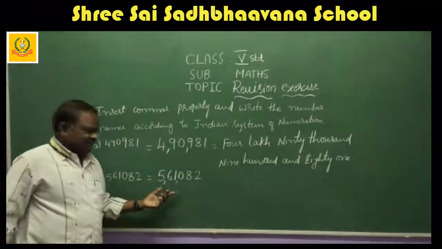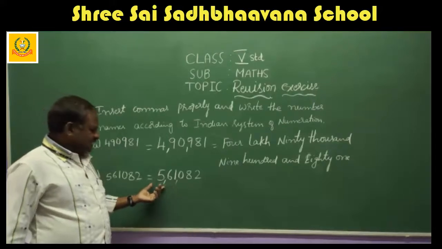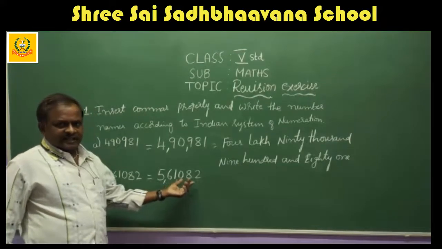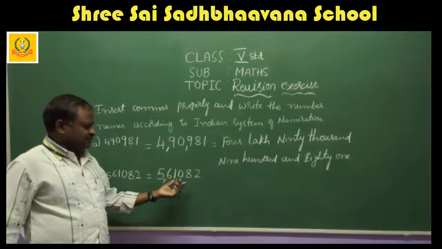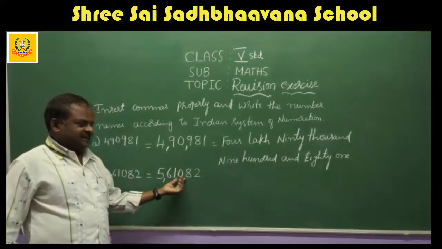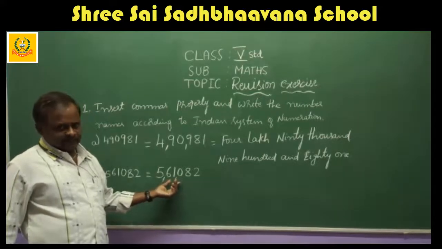So what is the number? Now you read this number: 5,61,082. Here in the hundreds place there is 0, so we say there are no hundreds.